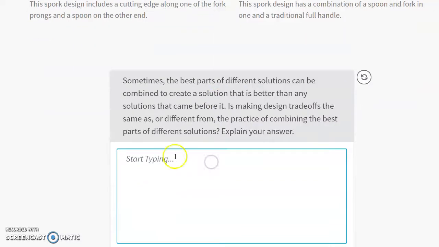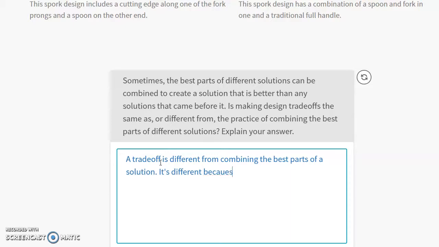Is making design trade-offs the same as or different from combining the best parts of different solutions? So a trade-off is different from combining the best parts of a solution. It's different because the trade-off is that one part of what you have is positive and one could be negative.